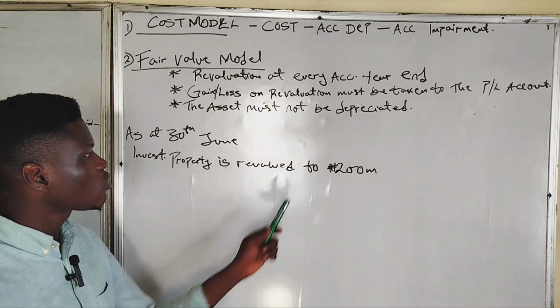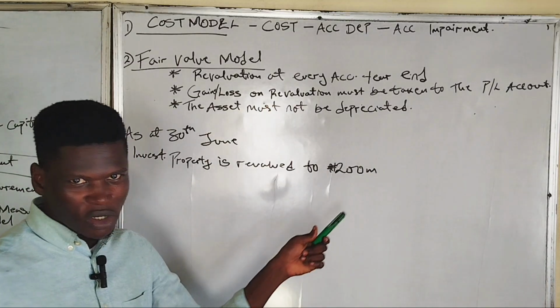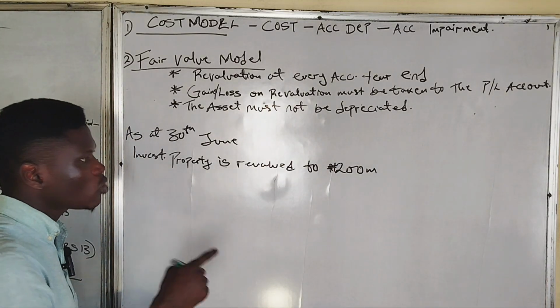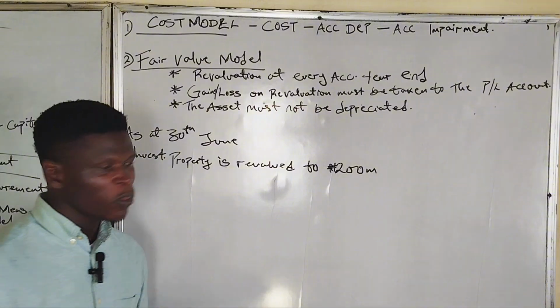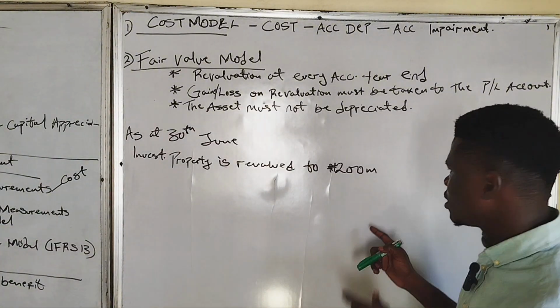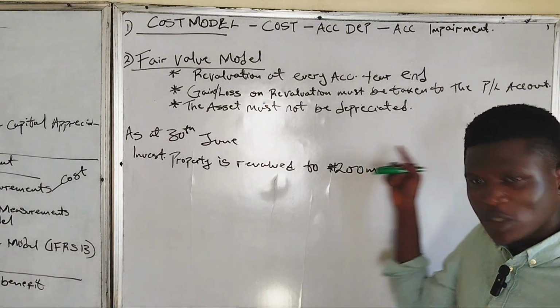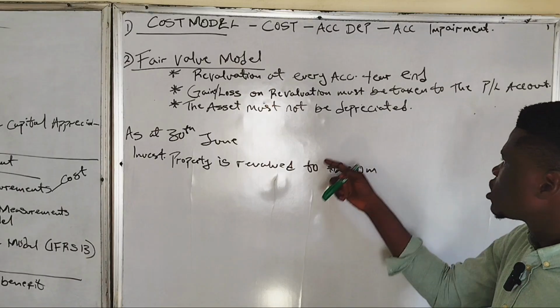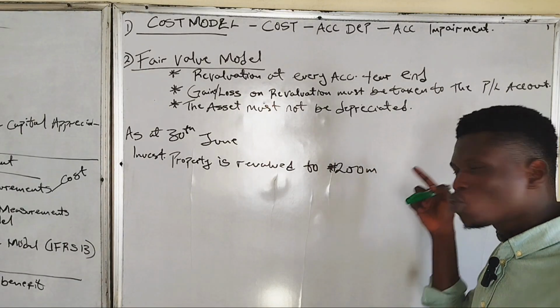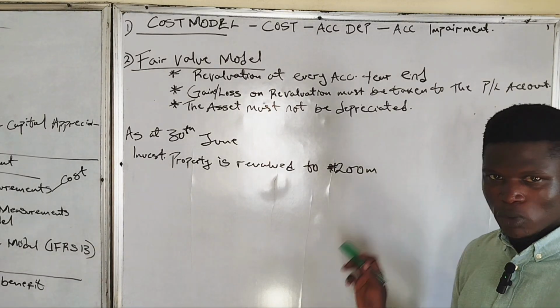It means it cannot go above 200 million as at this date, and it cannot go below 200 million. So this 200 million must not be depreciated. It will reflect only this 200 million in the statement of financial position.